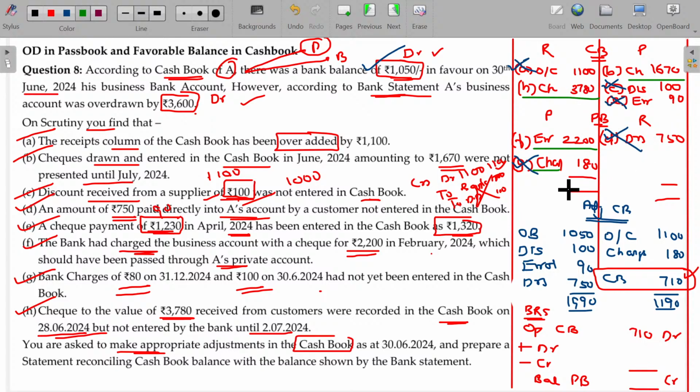So here, 3,000, 2,200 plus 3,780. How much is that? 5,980. Here, 1,670. What about the rest of the items, sir? We have already adjusted them in the adjusted cash book itself. No need to show that in the BRS. So the debit value 5,980 should be added.